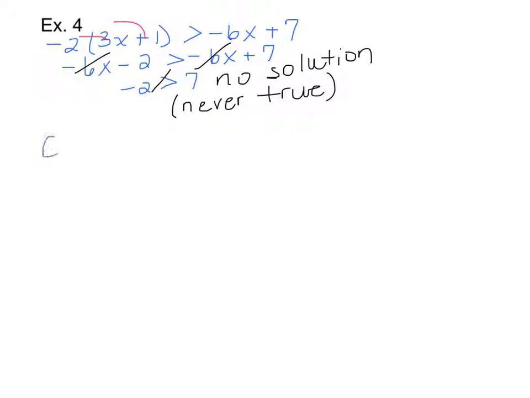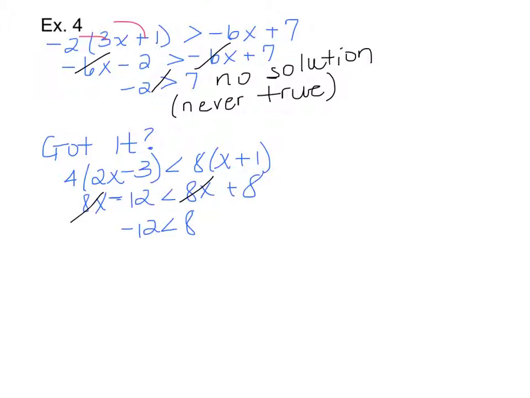Okay, so you try this one. And after you solve this inequality, I want you to say if this is always, sometimes, or never true. So here we get -12 is smaller than 8.